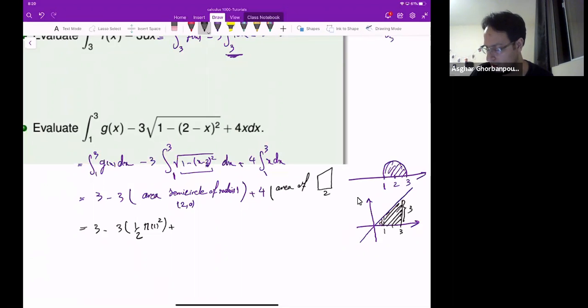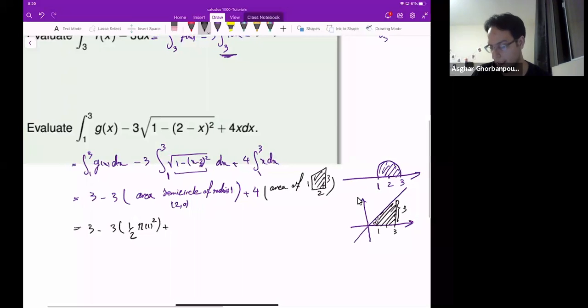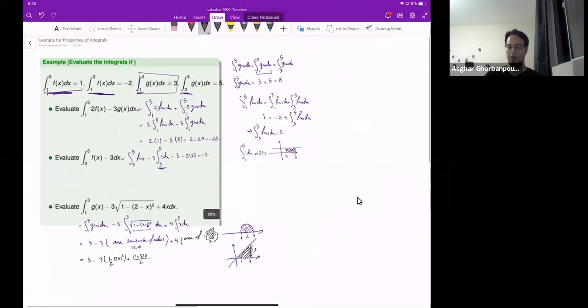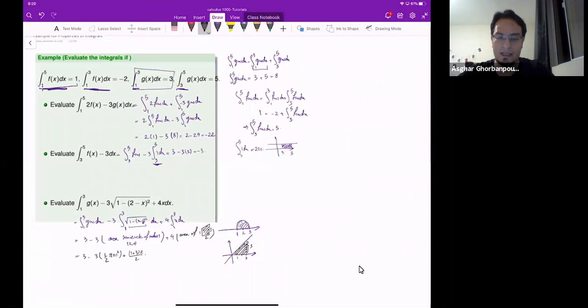So this is 2, this is 1, this is 3, and this is right. So that is area of trapezoid, or difference of two triangles. You do either, and you get 1 plus 3 times 2 over 2. Three numbers, I found them, I add them, and that will give you the number that we are looking for. I won't do anything else. The only thing I use here is the properties and the given information.